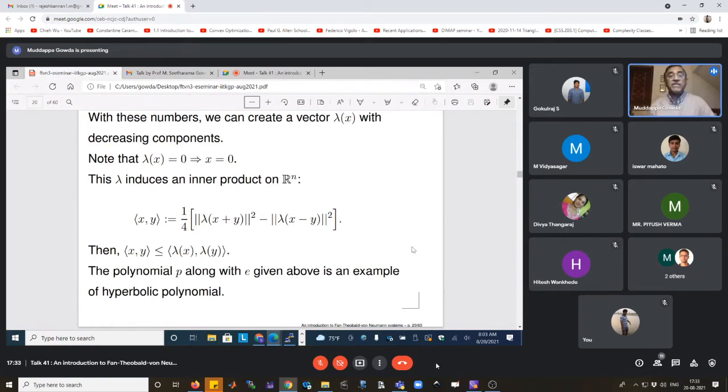Then immediately one can verify that x dot y is less than or equal to lambda x dot lambda y. But in this particular example, this x dot y is nothing but our usual inner product, and lambda x is nothing but x down arrow and lambda y is y down arrow. So you're recovering this classical result of Hardy, Littlewood and Polya out of this particular polynomial. This polynomial p, along with e given above, is an example of a hyperbolic polynomial. I'll say more about this hyperbolicity later on.